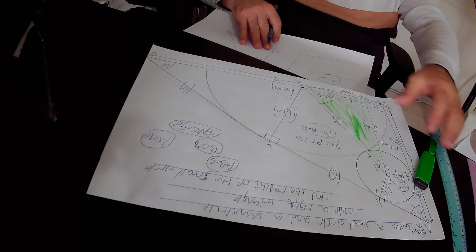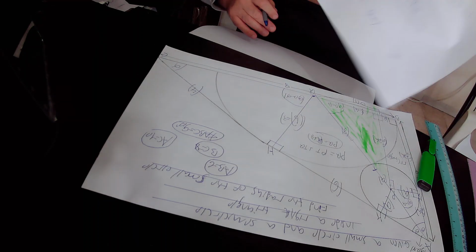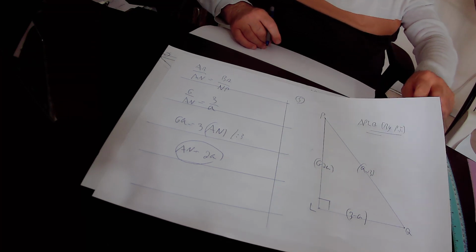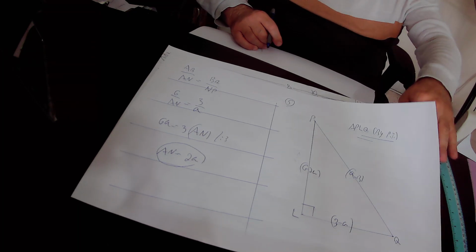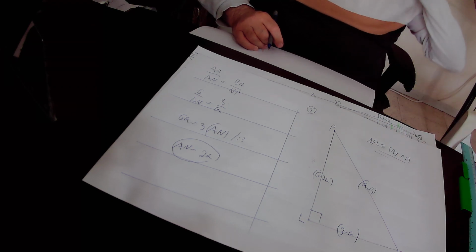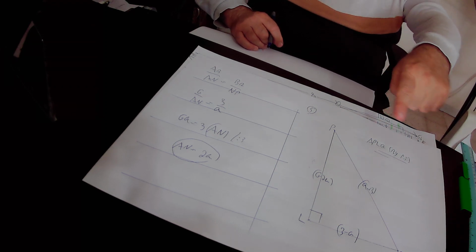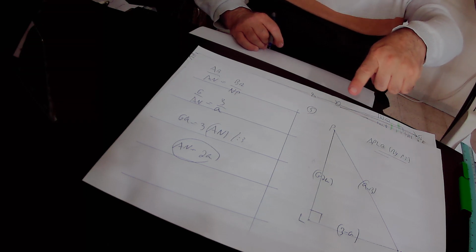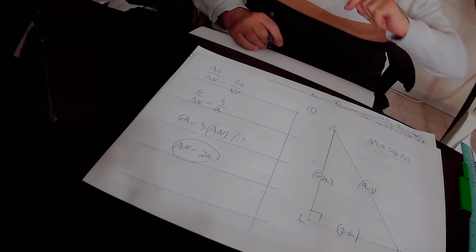So this is the right green triangle PLQ that I got from the original drawing. According to the Pythagoras theorem, in this right triangle PLQ, PQ square equals PL square plus LQ square.